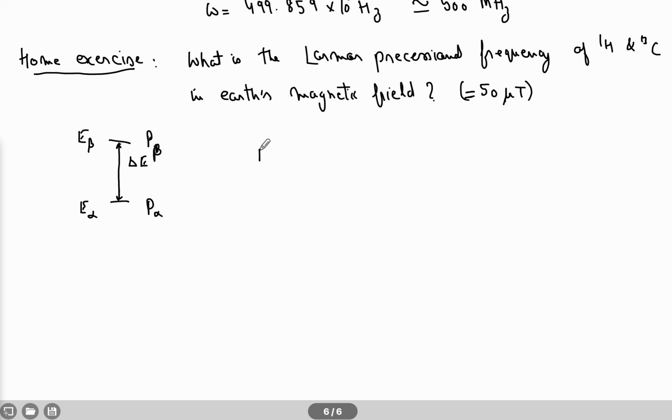The Boltzmann distribution says n alpha, that is the number of particles in alpha state, divided by n beta, that is the number of particles in beta state, where alpha is the ground state and beta is the excited state, is equal to exponential of E beta minus E alpha divided by kBT. Okay, this is the expression. So very simple expression.